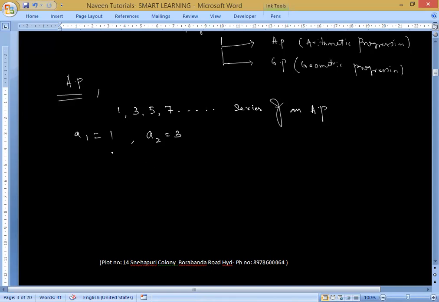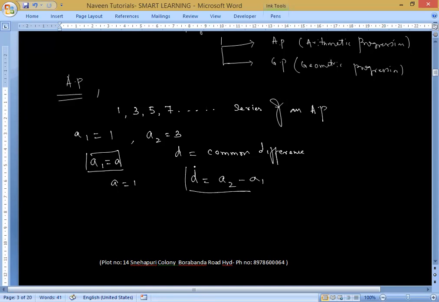So A1 is 1, A2 is 3. A1 is always considered as A, so A is equal to 1. D is the common difference, and the formula for D is A2 minus A1 always.